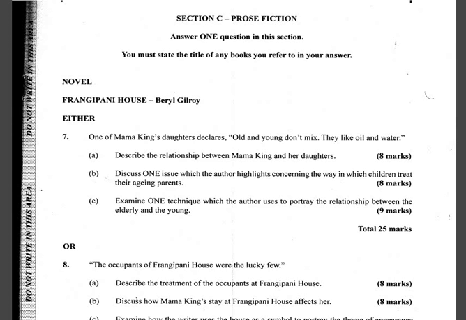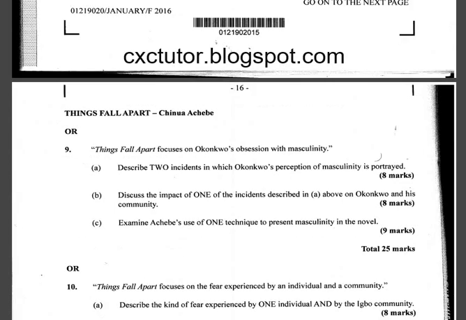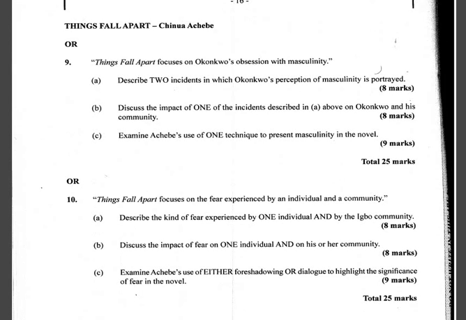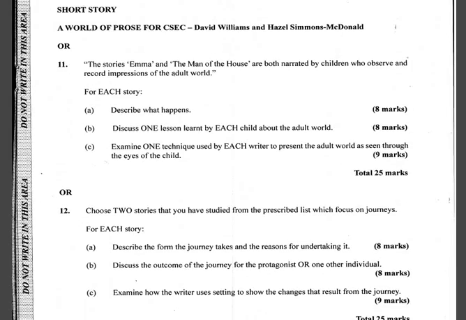Guys, I know I'm not pronouncing it correctly, so please do not kill me. And then you have Things Fall Apart, 2 questions, and then once again you get the 2 stories, or you get a theme and you choose your 2 stories.